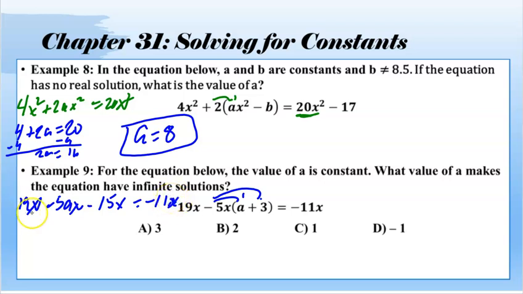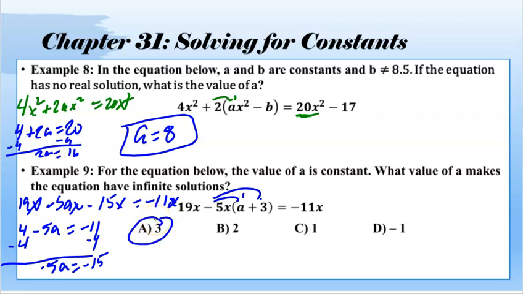So if I take the x's out, I have 19 minus 15, that gives me 4. 4 minus 5 times a has to give us a negative 11. So if I were to subtract 4 on both sides, I'm left with negative 5a equals negative 15. Divide by negative 5 on both sides, and a is going to give us a positive 3, so a would be the correct answer.